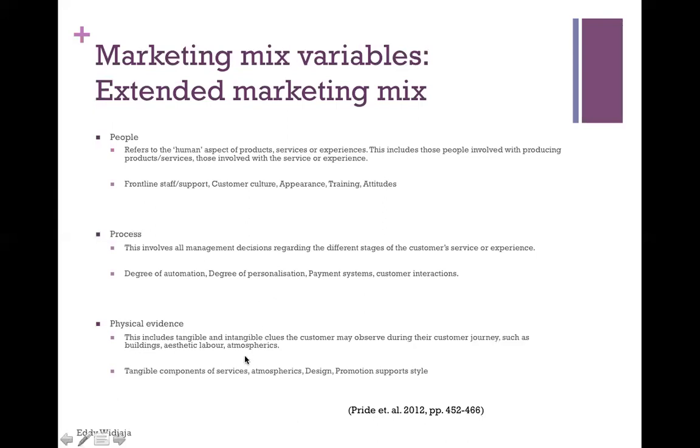It includes anything like the atmosphere of the store, the design of the brand, or the design of the outlet, and promotion support style. Now, extended marketing mix variables are normally used for services marketing, but we can also adopt them for our business. So that's basically the main points that we need to deliver.